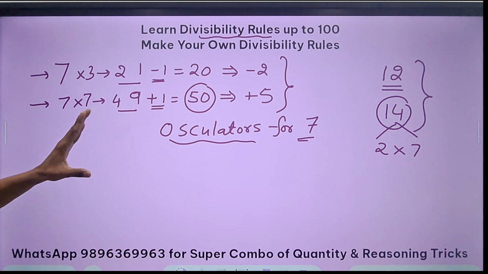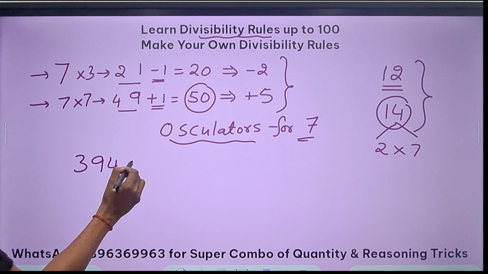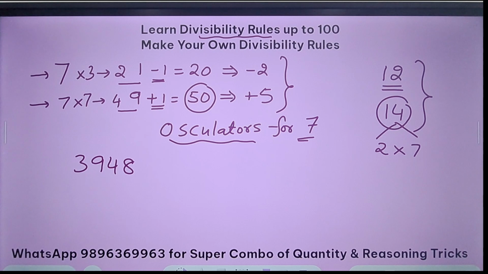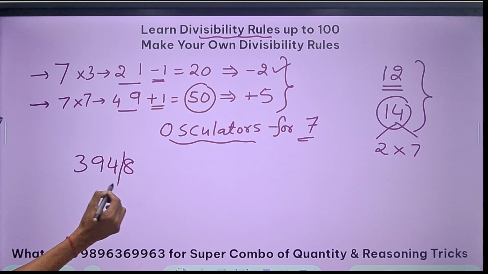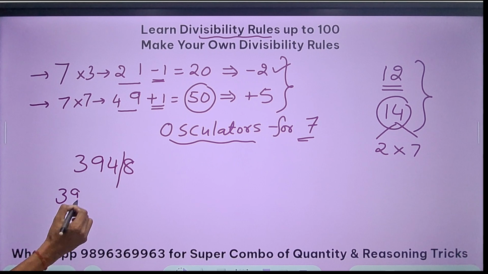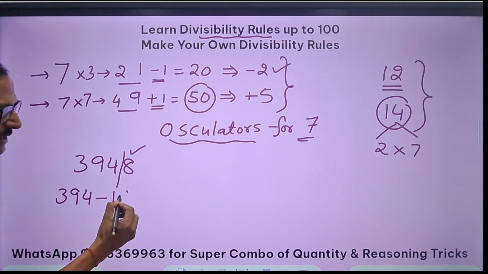Now just understand how we can check whether a number is divisible by 7 or not. Let's take an example, a 4-digit number, 3948. I want to check whether this number is divisible by 7 or not. I told you the oscillators. See what happens here. If I consider the oscillator minus 2, I will separate out the last digit: 394, and since it is minus 2, I will do minus 2 times this 8, that is 16.